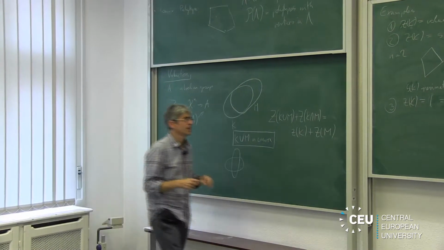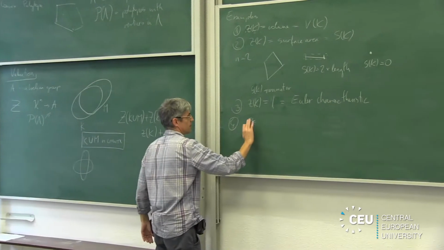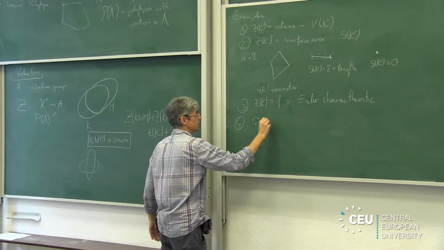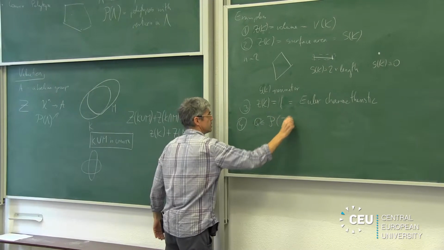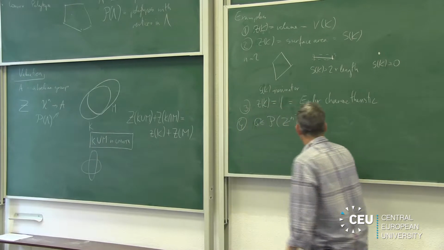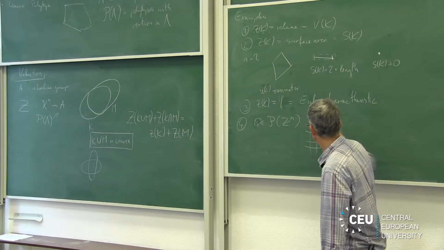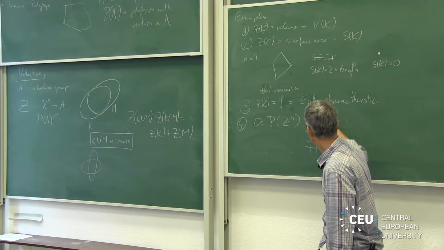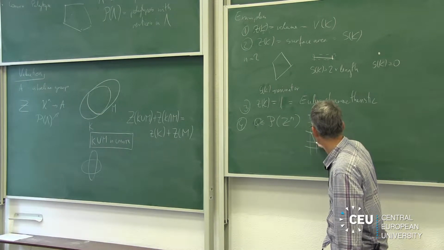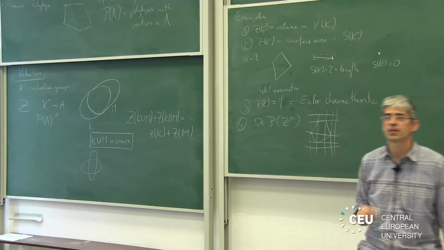So that if Q is in Z^n, then it's something like this. So what could be an analog of the volume?